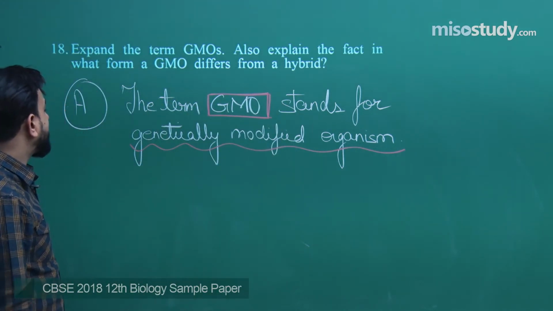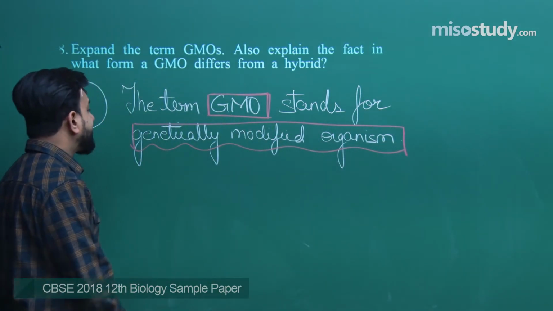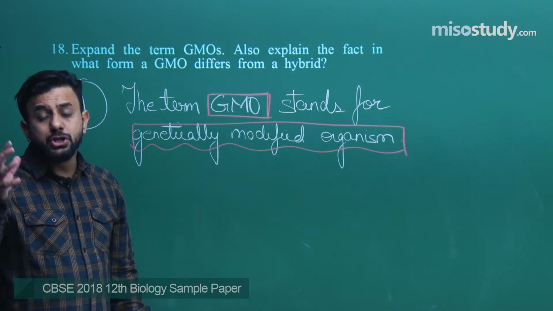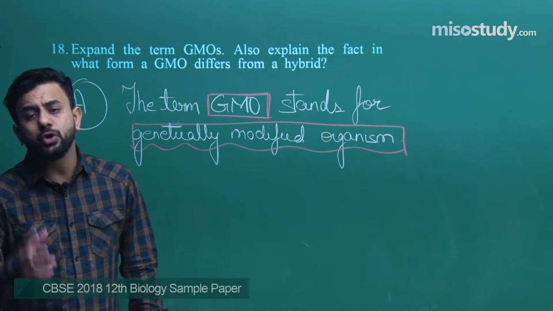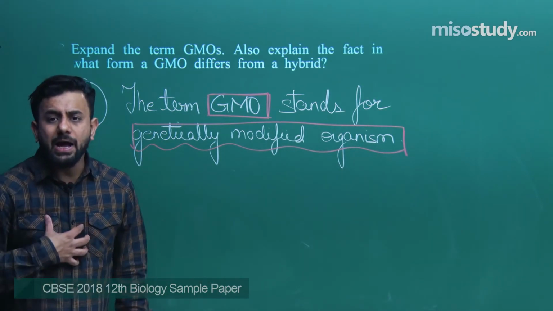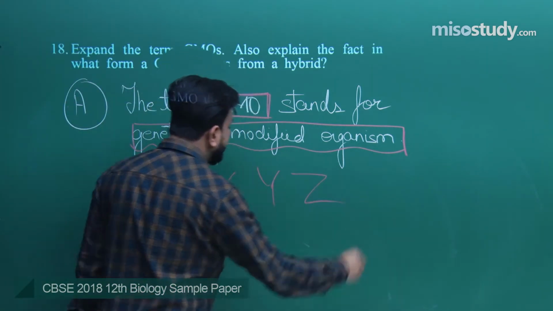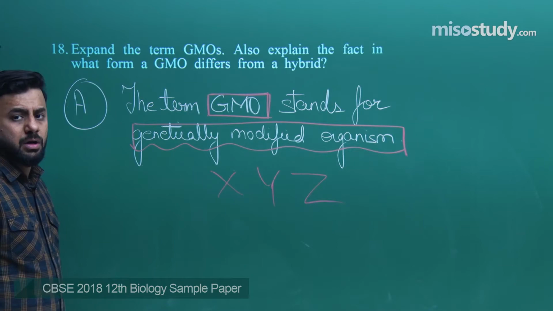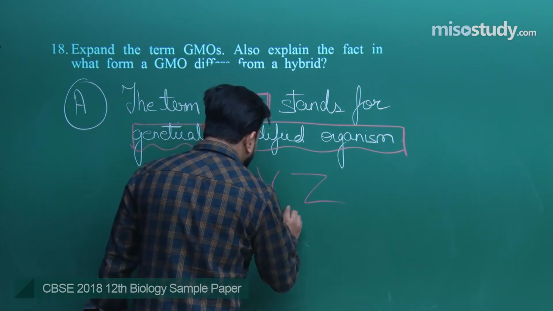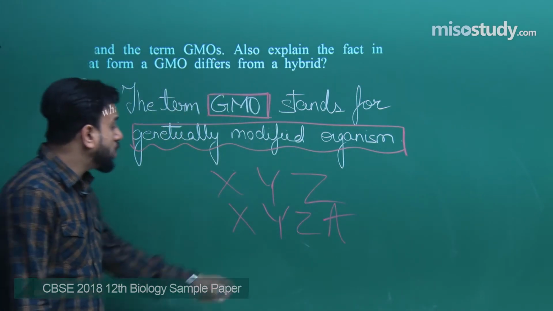The term GMO stands for genetically modified organism. And what does this mean? The genes or the genotype of the organism has been modified. If I am Dr. Ashmir and I have the original X, Y, Z gene, and in my gene an X, Y, Z, A has been incorporated, one more gene has come.